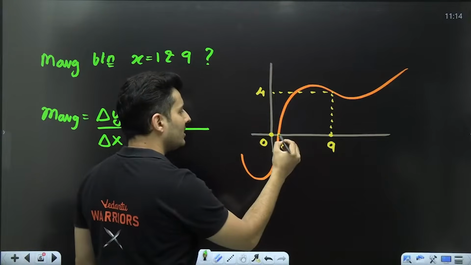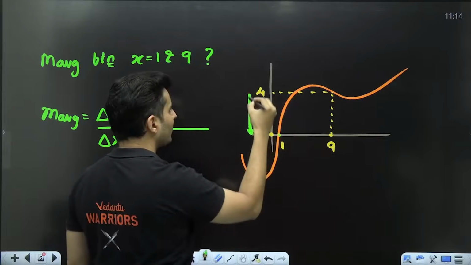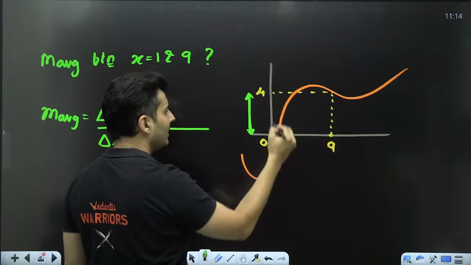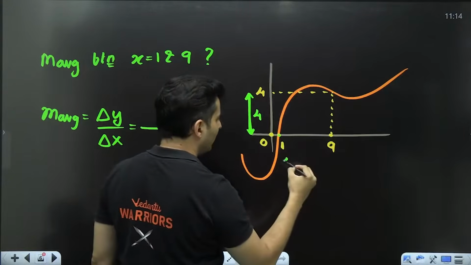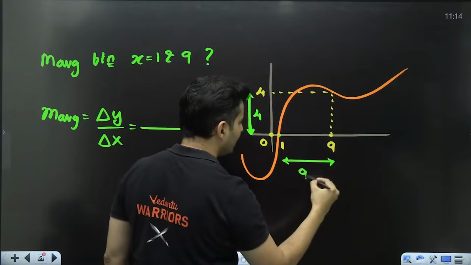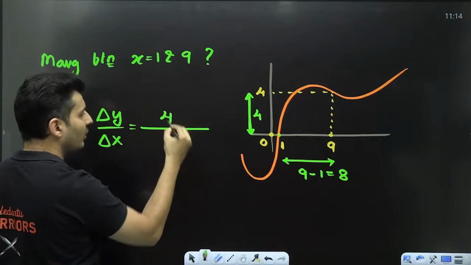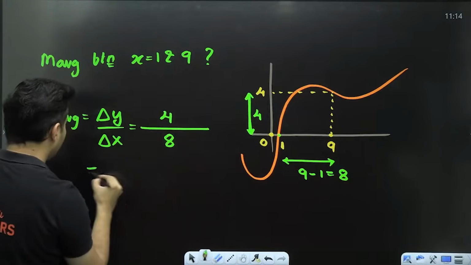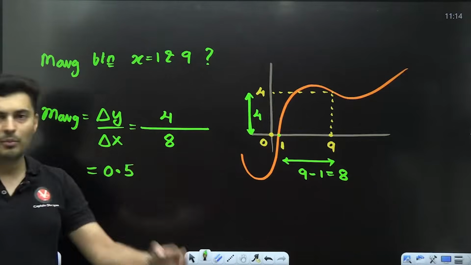From this point to this point, can you see this much is basically delta y? I think it is 4 minus 0, which is 4. Between this point and this point, how much is delta x? It is 9 minus 1, which is basically 8. So delta y is 4, delta x is 8, hence the answer is 0.5.